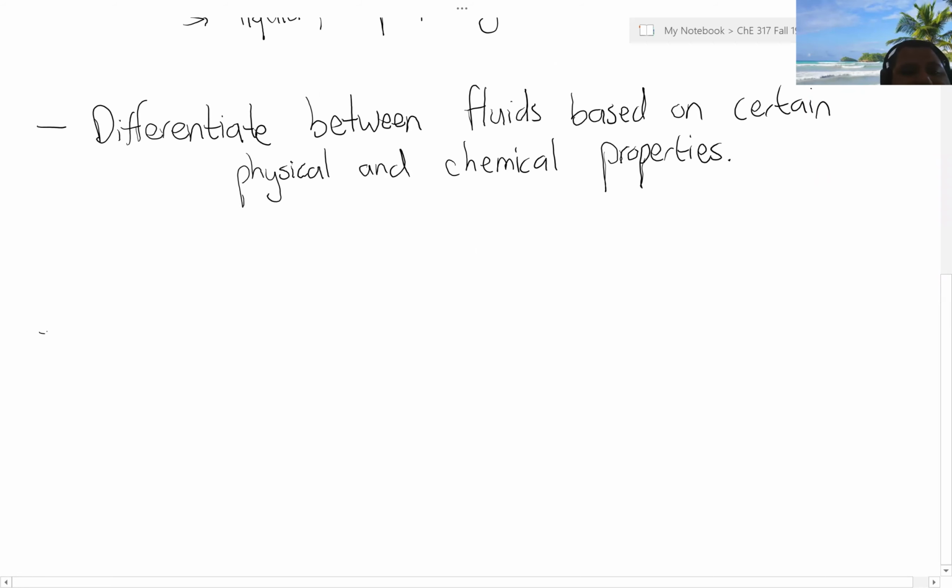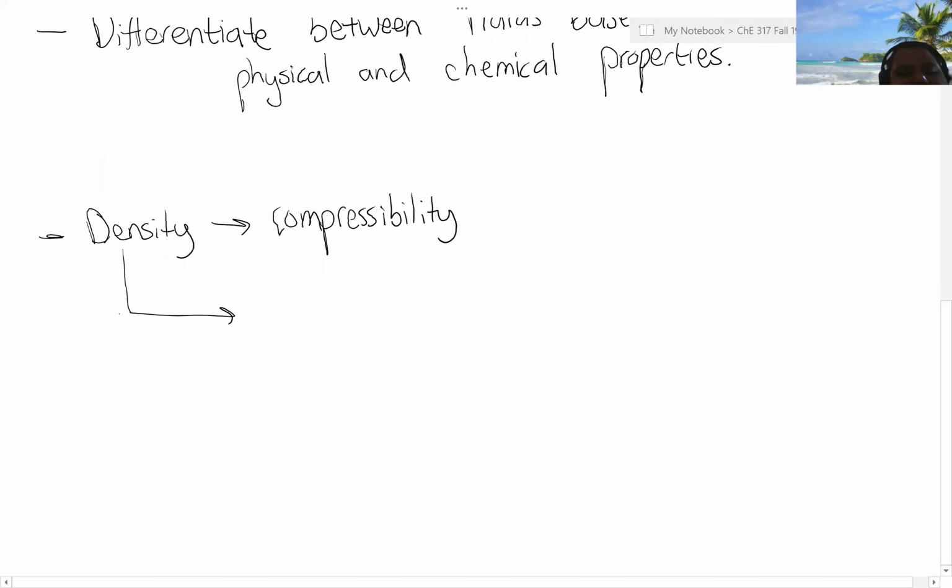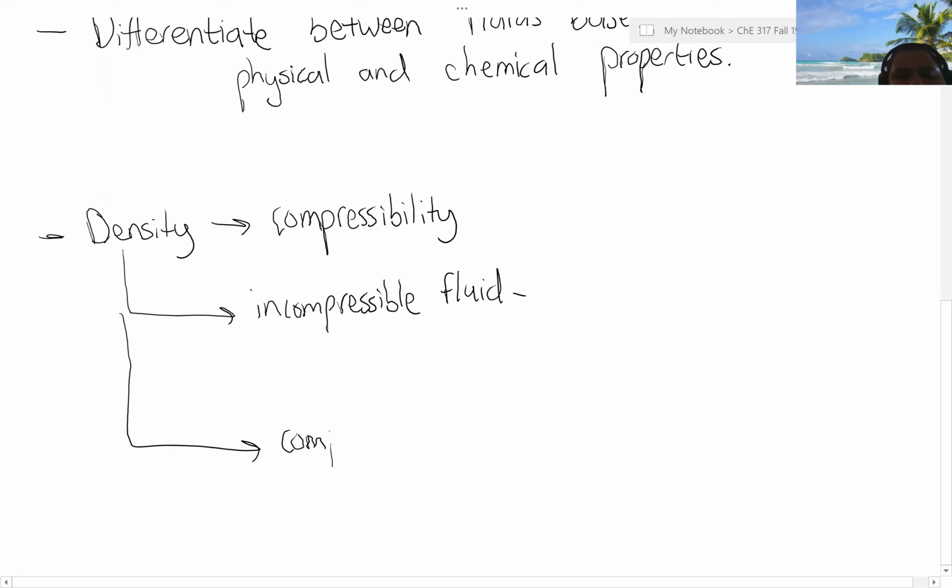The first one being fluid density and how it relates to what we call fluid compressibility. And from this, we categorize fluids into one of two categories. We can consider a fluid incompressible, or we can consider a fluid compressible.